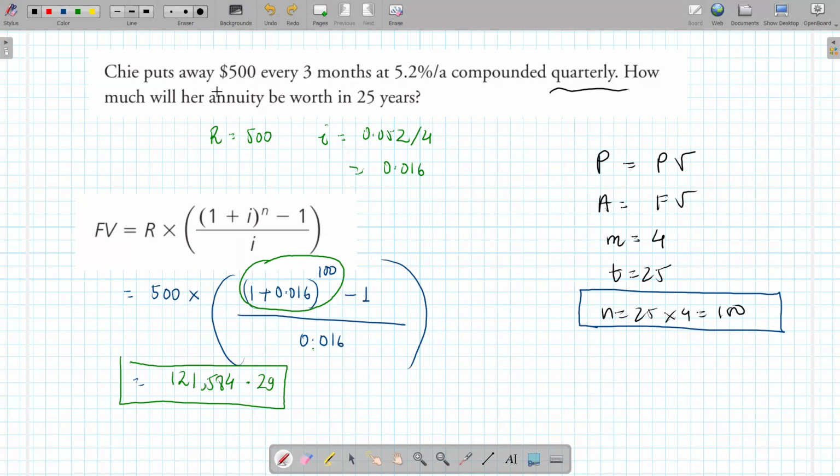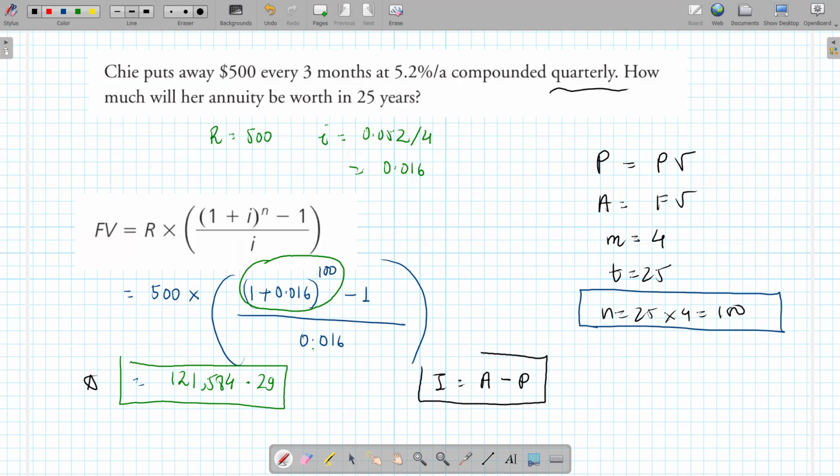Now the next question I can ask you here is, what is the interest that you've earned over the period of 25 years? So this is your future value or your final amount. Your interest is always the final amount minus the amount of money that you put in. I meant to say interest is amount minus principal.